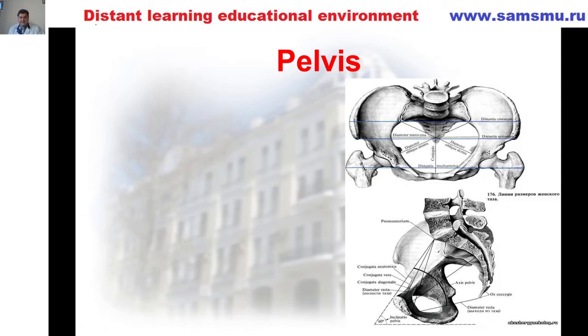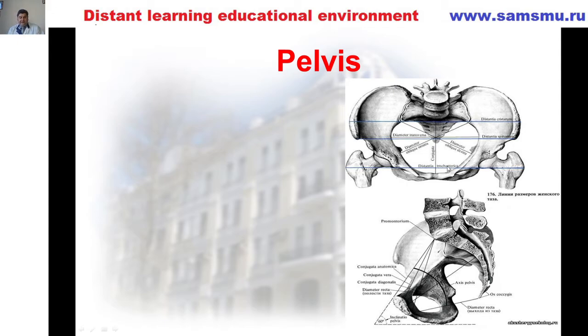The superior boundary of the lesser pelvis, separating it from the greater pelvis, is the terminal line, formed by the promontorium, arcuate line of the ilia, pectines of the pubic bones, and superior border of the pubic symphysis.